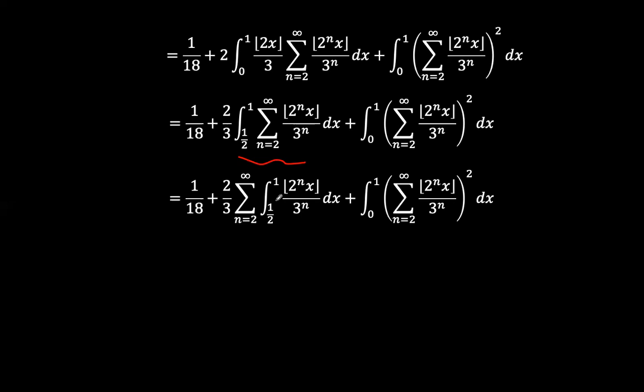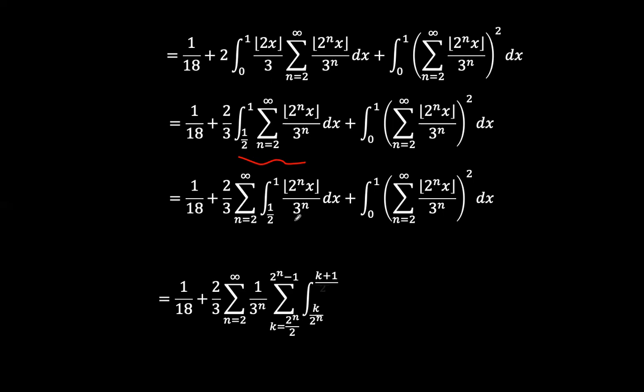So now if we focus on the integration from 1 over 2 to 1 of the floor function of 2 to the power n x over 3 to the power n, that would mean we can divide the strips between a half and 1. Since from 0 to 1 we would have 2 to the power n strips, from half to 1 we'll have 2 to the power n divided by 2.